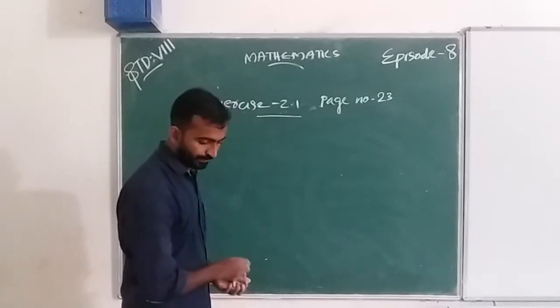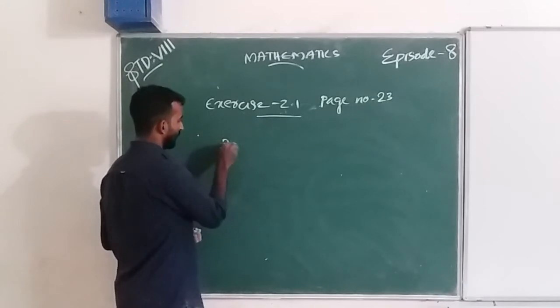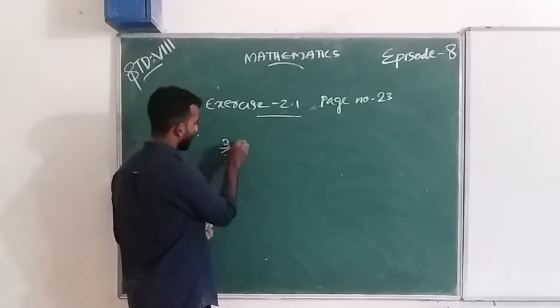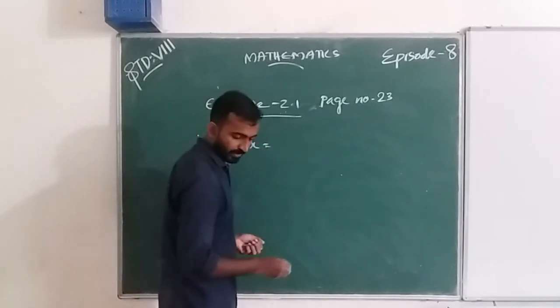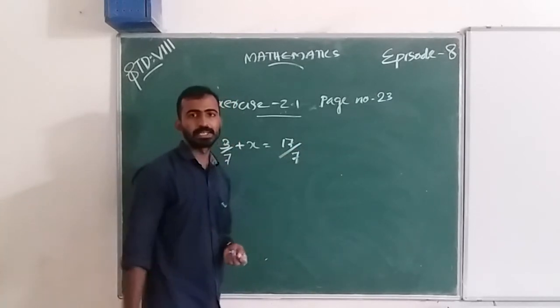What is the fourth one? 3 by 7 plus x equal to 17 by 7.